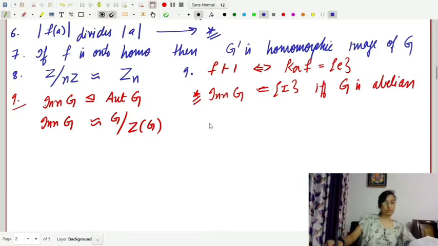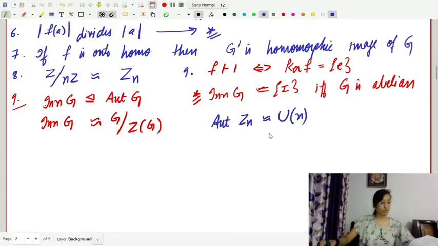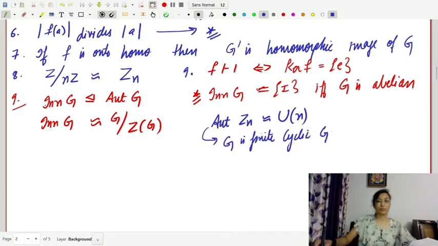And the next property is Aut of Zn is isomorphic to the multiplication modulo n group. This also holds when G is a finite cyclic group, because every finite cyclic group is isomorphic to Zn.